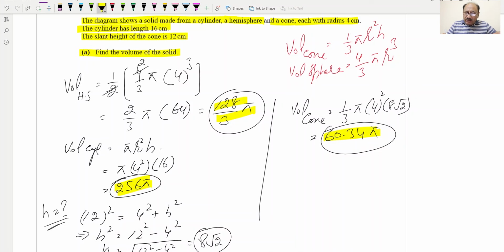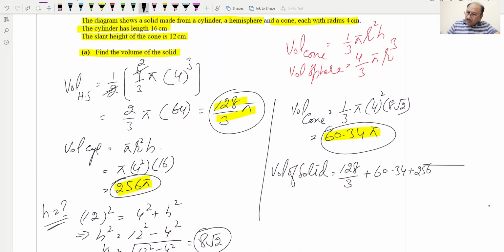We will be adding to get the total volume, which is the volume of the solid. So we will write volume of solid will be equal to 128 over 3, and pi I will write outside as common, so 60.34 plus this will be 256, and into pi.